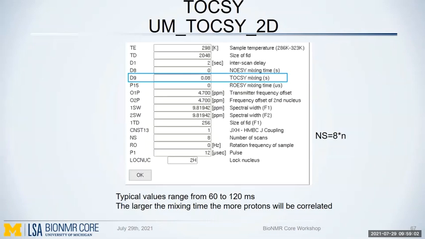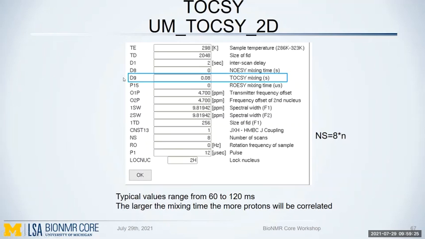The TOCSY experiment has a very important parameter called TOCSY mixing time. In this experiment, it's called D9. This value generally is set to 60 to 120 milliseconds. The default value we give is 80 milliseconds. The larger the mixing time, the more protons will be correlated.